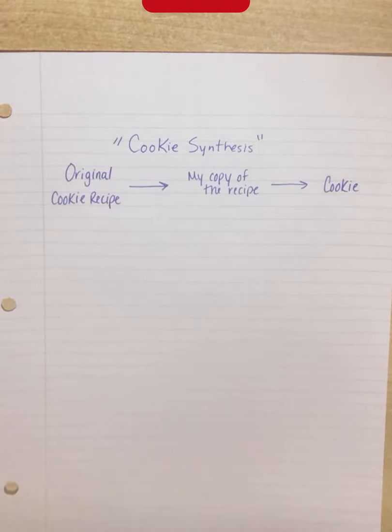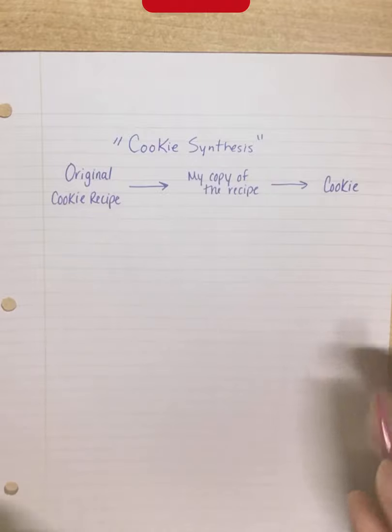Now, it's a good thing that my grandmother holds on to this original cookie recipe, because sometimes my cookie recipe has been lost, or I have destroyed the recipe by spilling ingredients on it. So, what does this analogy have to do with protein synthesis? Well, this overall process is very similar to how our body goes through the process of building proteins.